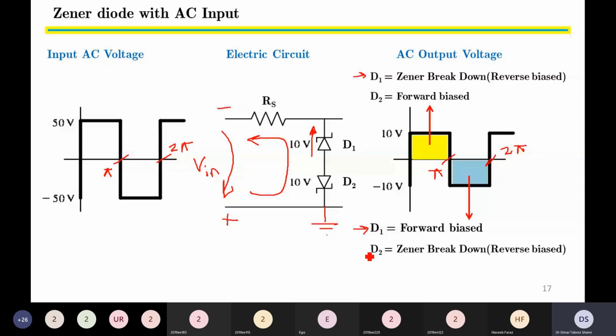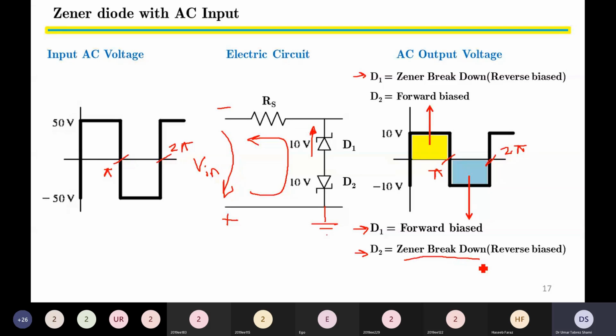But at the same time, we must not forget that our input voltage is minus 50 volt, and minus 50 volt exceeds the Zener voltage of diode D2. Hence, diode D2 is reverse biased, and it experiences Zener breakdown.